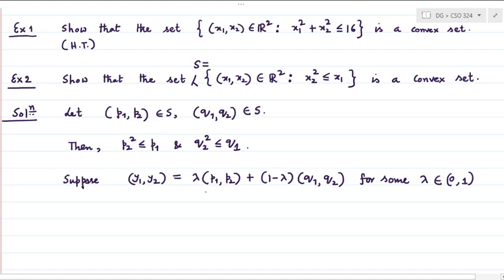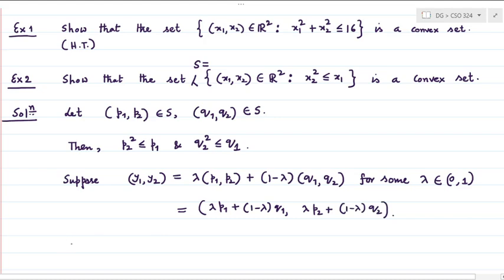And therefore, to prove that the set S is convex, it is sufficient to prove that this lambda p1, p2 plus 1 minus lambda q1, q2 is in S. And to prove that this is in S, what do we have to show? We have to show that y2 square is less than or equal to y1. That is what we need to prove. Let us now try to find what is y1 and what is y2. y1 is lambda p1 plus 1 minus lambda q1. y2 is lambda p2 plus 1 minus lambda q2, right?